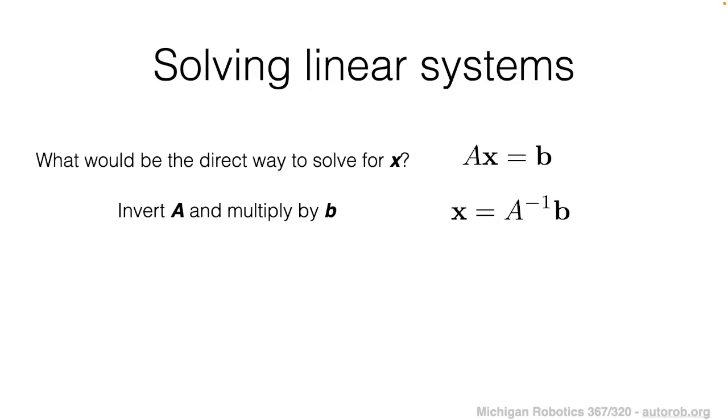If we could invert A, so if we could find some matrix that would invert the effect of A, then we could directly solve for x as being A inverse multiplied by the vector b. So the question then is, does this inverse matrix exist, and how can we decide if such an inverse exists?